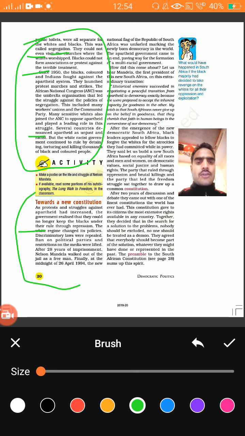He said, historical enemies succeeded in negotiating a peaceful transition from apartheid to democracy exactly because we were prepared to accept the inherent capacity for goodness in the other. My wish is that South Africans never give up on the belief in goodness, a very important word here.